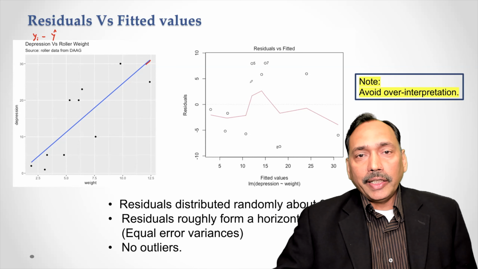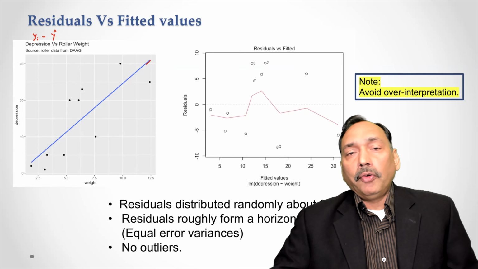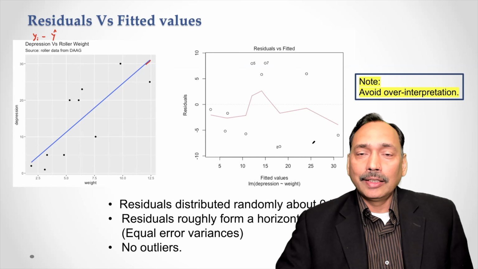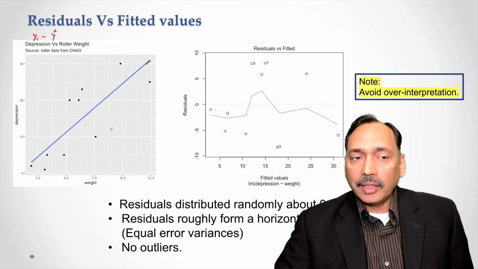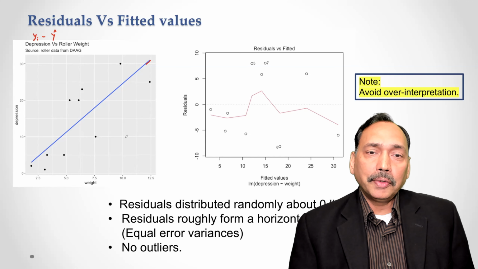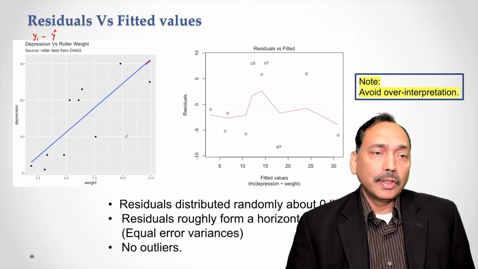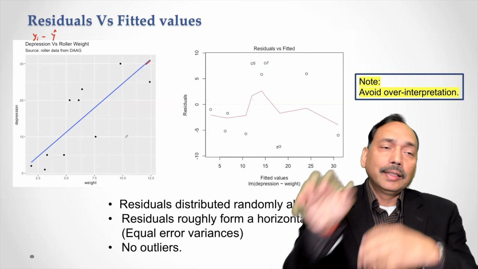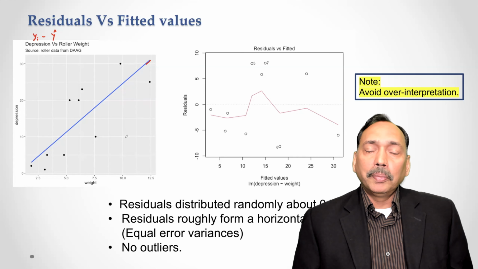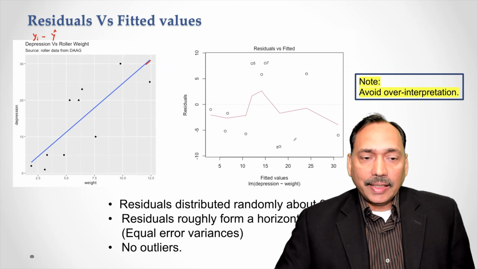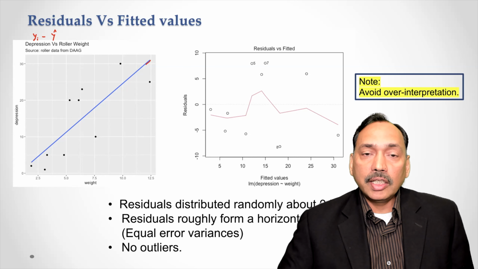Many times you don't even have to wait for these residual versus fitted plots, because the scatter plot itself will start indicating, if you look carefully, what is likely to happen. If your data points are somewhat non-linear, then it will show up in the residual plots too. But if you look at this, we see that the residuals are distributed randomly about the zero line.